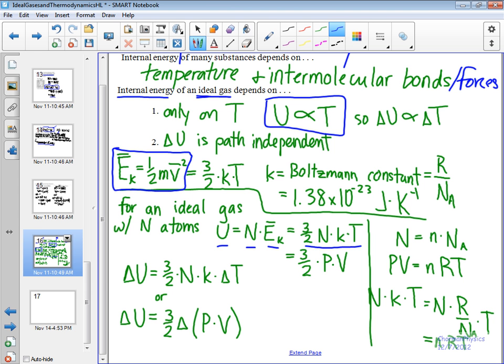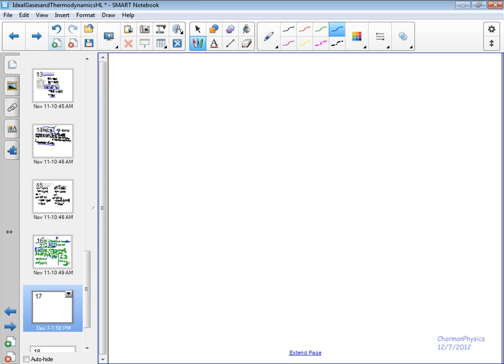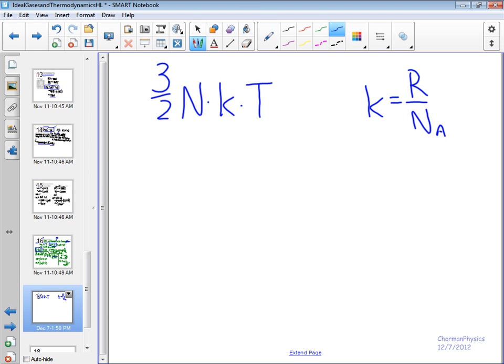Remember that k is just equal to R over Avogadro's constant. Let me show you the substitution on another slide here. In other words, 3/2, what's the previous equation here? 3/2 N times k times T. And we said that k is just equal to R over N_A. So if we substitute k in here, we end up with 3/2 N over N_A times R times T. And what is N over N_A?